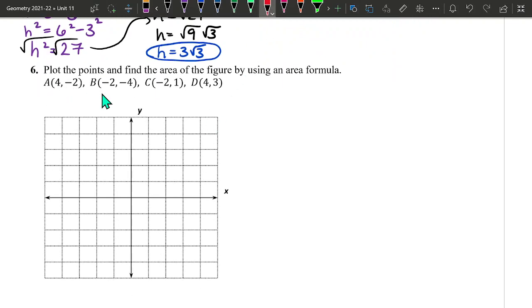Here we have A, B, C, D, so I'm going to plot the points. A is at 4, -2. B is at -2, -4. C is at -2 and 1. And D is at 4 and 3.